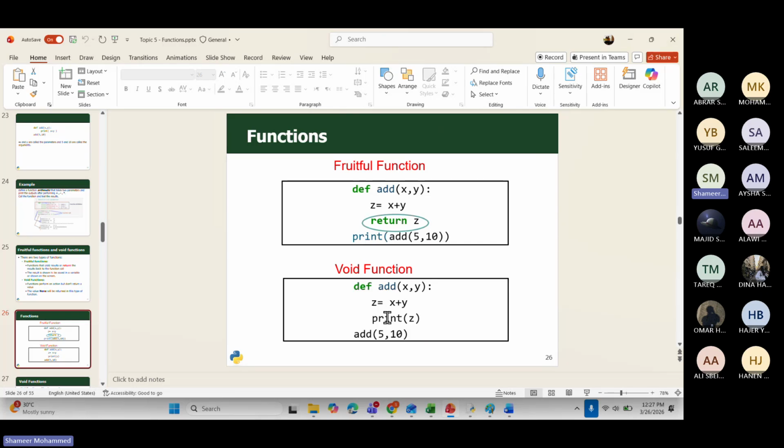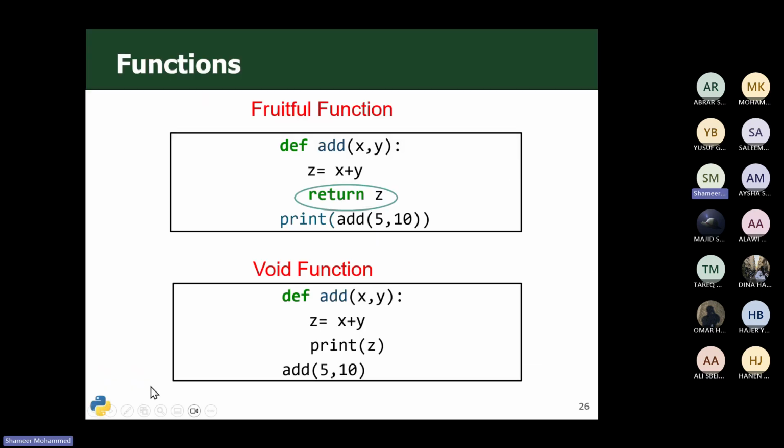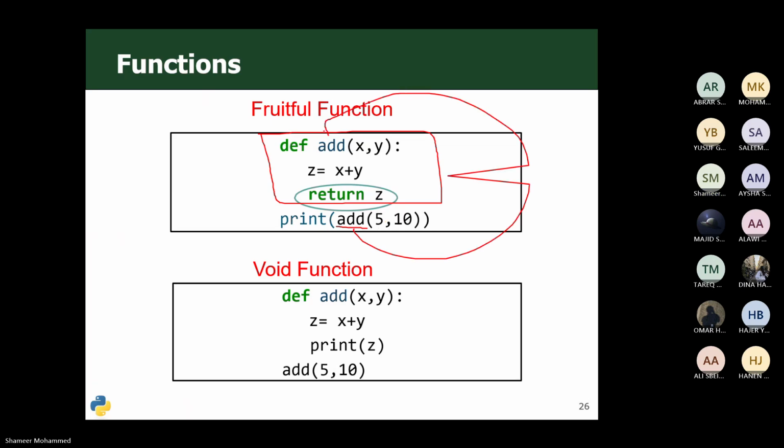See, this is the example. Now you can see here what is happening. Here you are calling. This is the definition of the function. Okay. This is the calling. So 5 will go and be stored in X. 10 will go and be stored in Y. So here 5 plus 10.